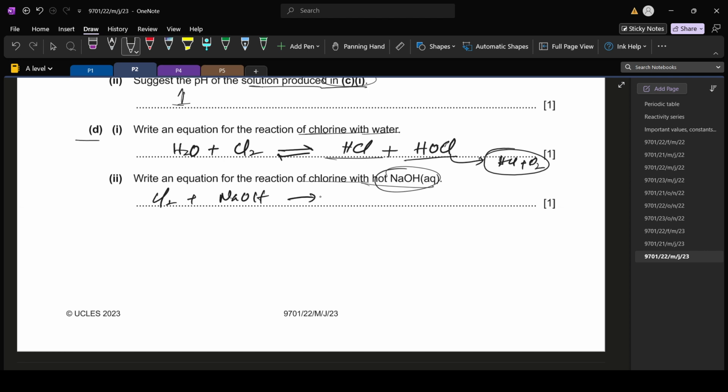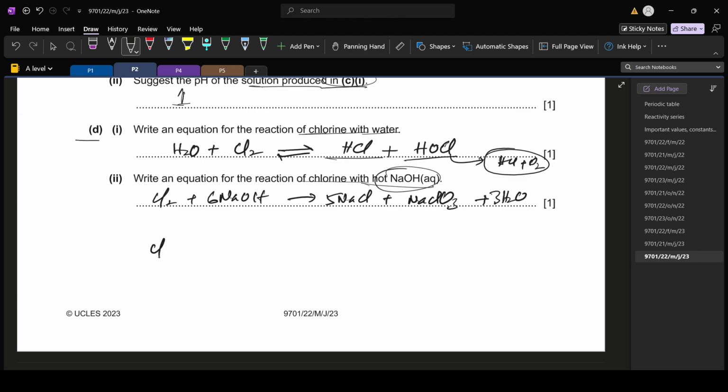So when this chlorine reacts with hot sodium hydroxide, it forms sodium chloride plus sodium chlorate(V) plus water. So now balance the equation and this is your balanced equation.